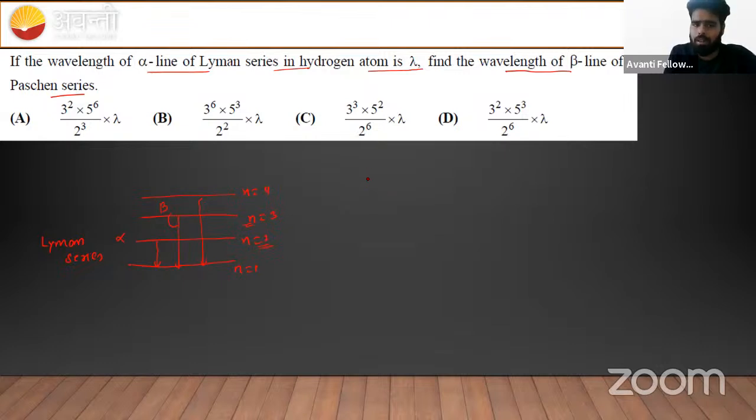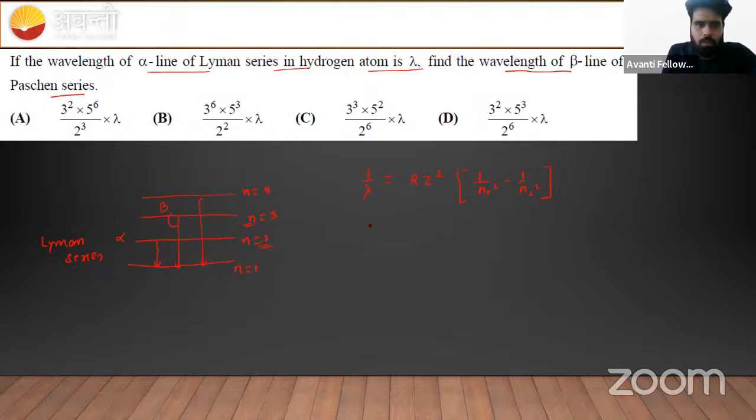What is the relation for the wavelength? We know that for a hydrogen-like atom, 1 upon lambda is given as R Z square, 1 upon n1 square minus 1 upon n2 square. I hope everybody knows this formula.